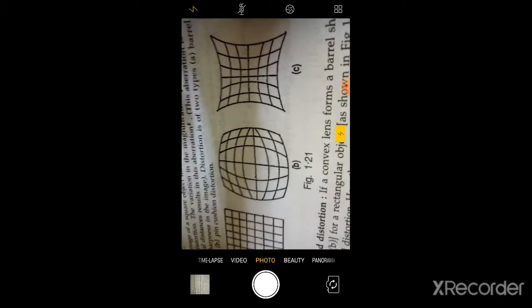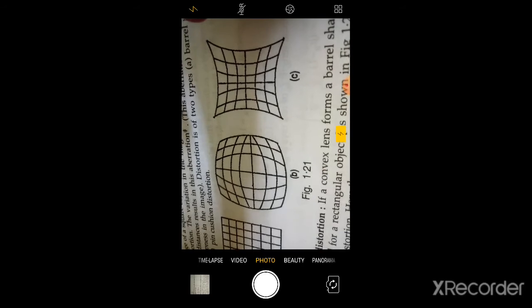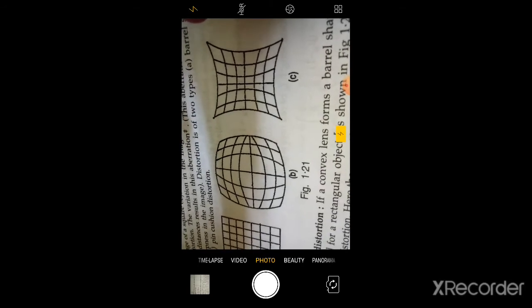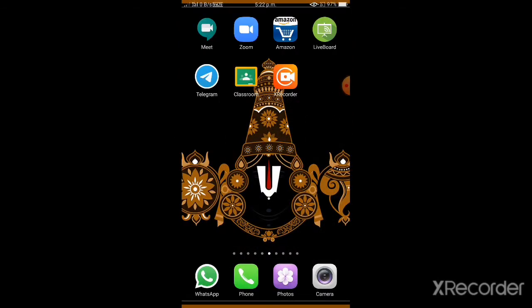To eliminate distortion, a stop is placed between two symmetrical lenses so that the pin cushion distortion produced by the first lens is compensated by the barrel shaped distortion produced by the second lens. How it is, we will see.